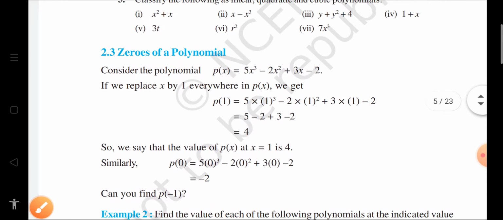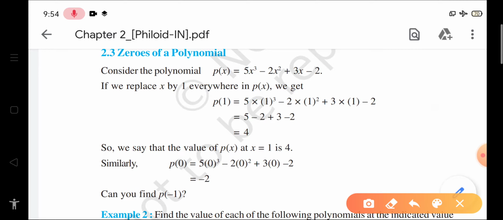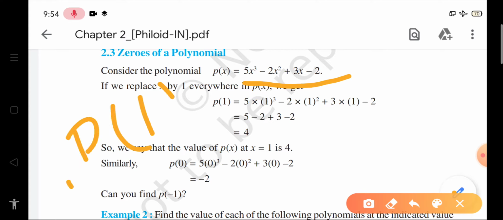So firstly, see here it is written 5x cube minus 3x square plus 3x minus 2, and we have to find the value at 1. So firstly we will write p(1). Where x is there, we will put 1 at that place.